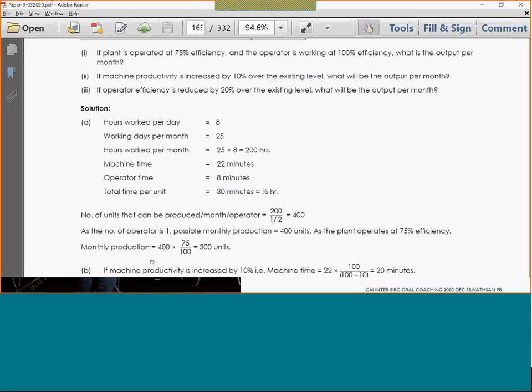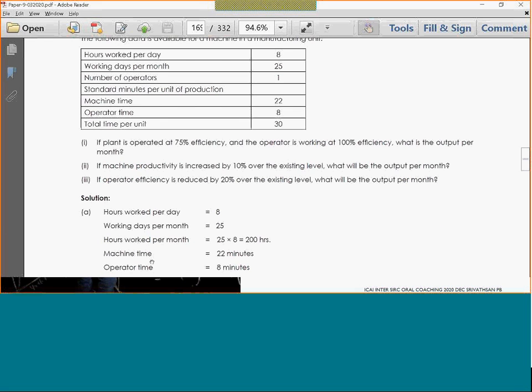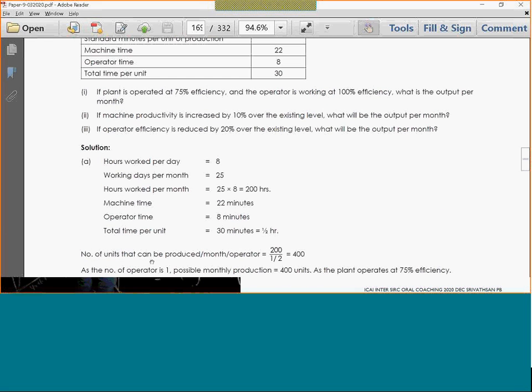So machine time or total time per unit that's given. Number produced 400. Operator can produce 400 and the plant is operating at 75% efficiency. Production, they have just applied it on the total 75%. Whereas given that if the plant is operated at 75% efficiency and the operator is working at 100% efficiency, machine is working at 75% efficiency and is actually doing good.